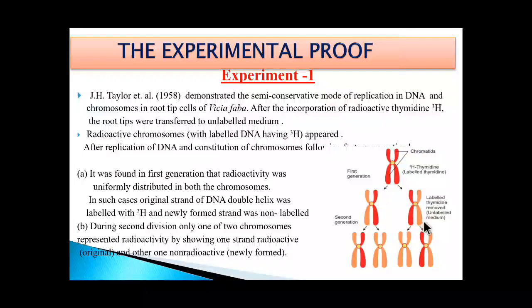Now during the second generation, only one of the two chromosomes represented radioactivity, showing one strand radioactive and the other one as non-radioactive, that is the newly formed. So this proves the semi-conservative replication of chromosome.